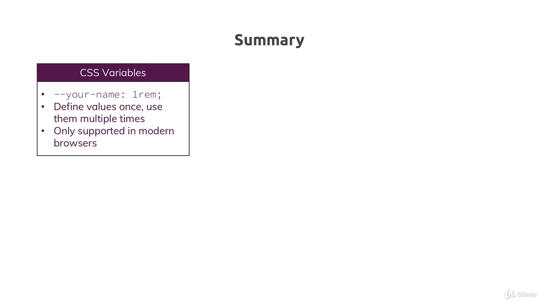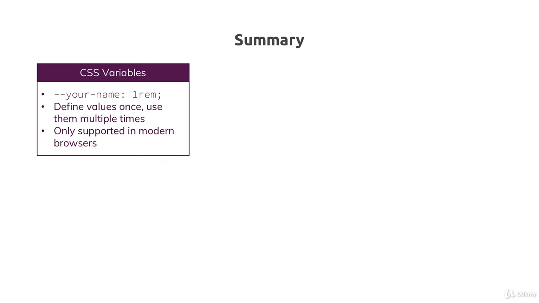This of course is great because it allows you to define values once, which you can then use whenever you need them. And if you ever need to change that value, you change it in one place and it still affects the entire page. The disadvantage is that variables are only supported in modern browsers, but especially in the future, this is probably going to be a huge thing.